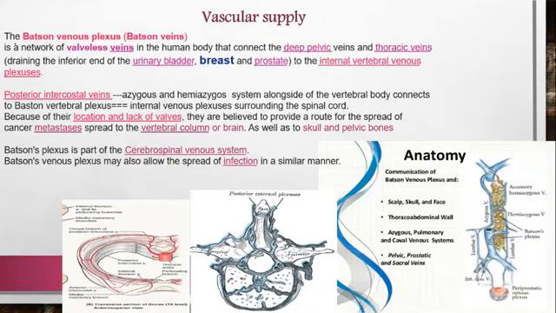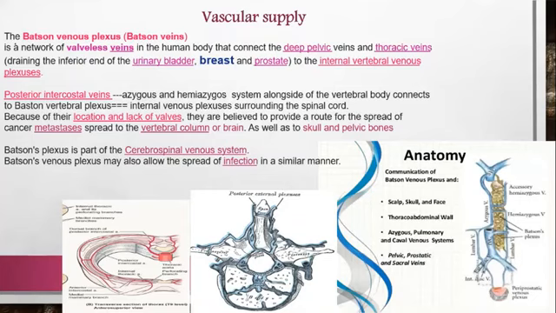Also important venous structures, which we have to mention here, are the posterior intercostal veins, which join what's called the Batson venous plexus. The Batson venous plexus is a network of valveless veins in the human body that connect the deep pelvic veins and the thoracic veins. It usually drains the inferior end of the urinary bladder, the breast, and the prostate to the internal vertebral venous plexus.